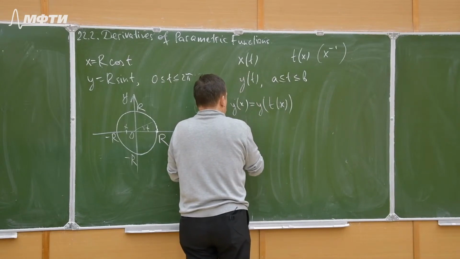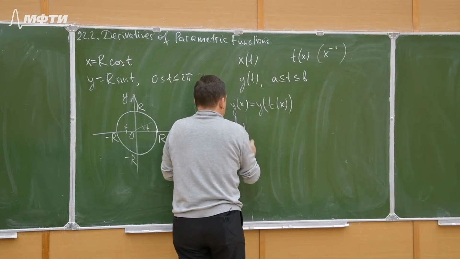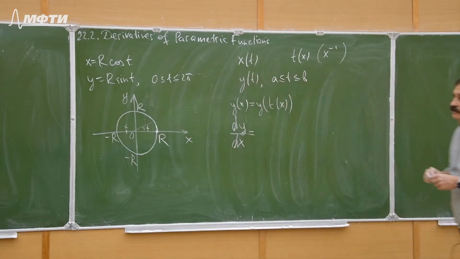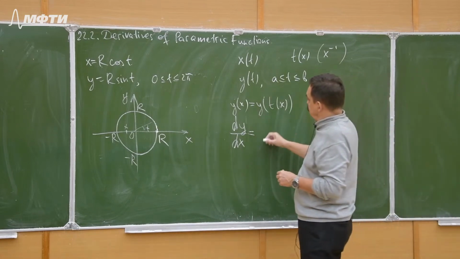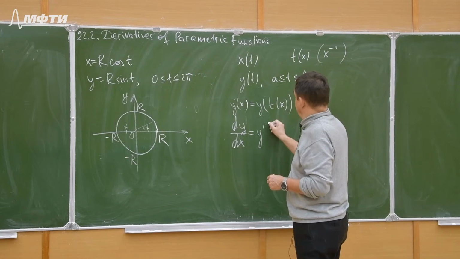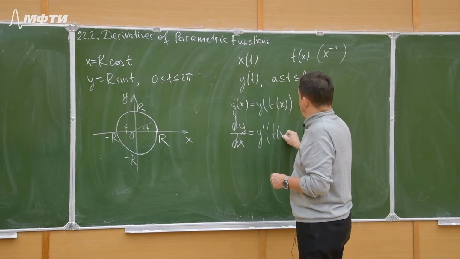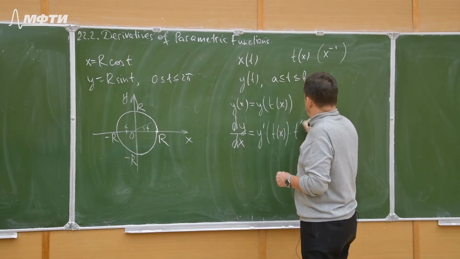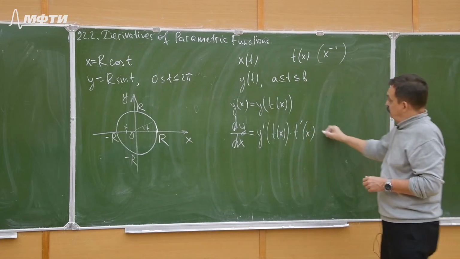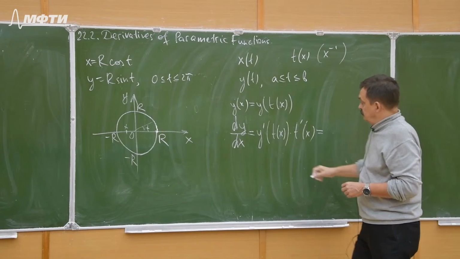So dy over dx, here it's quite useful to use this notation, is equal to, in general, we should write y prime at t of x times t prime at x. And what is it?